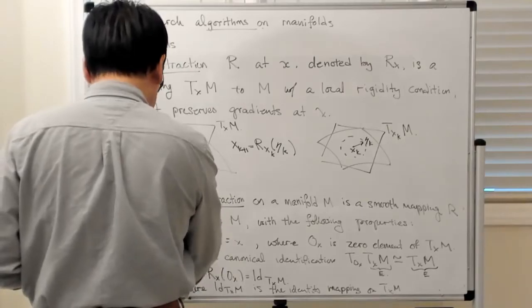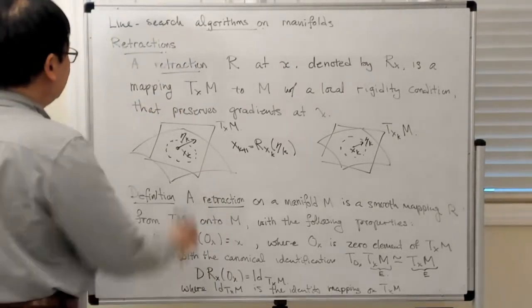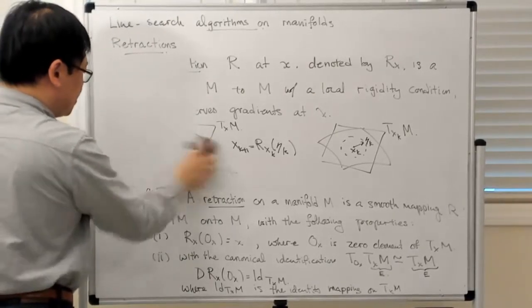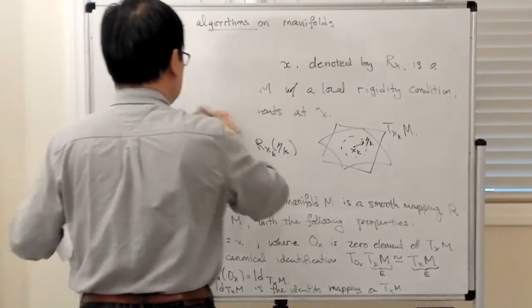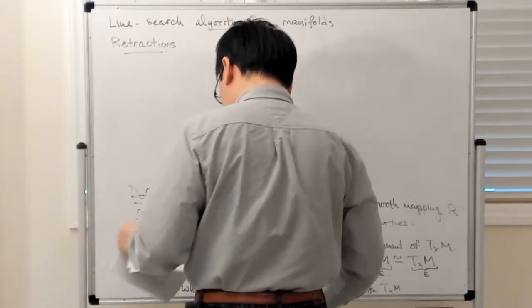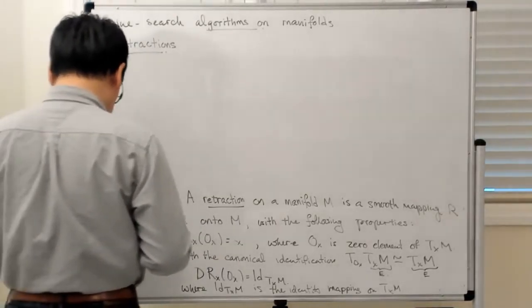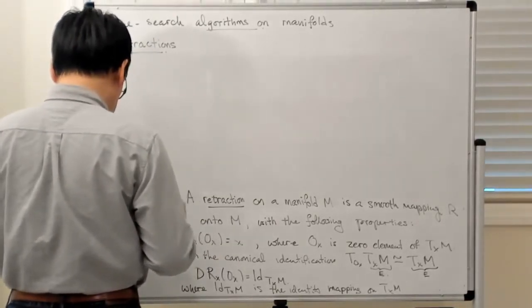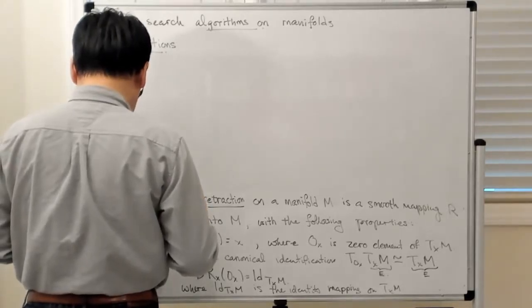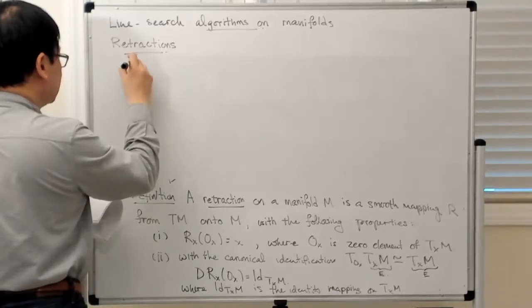So let's look a bit more at this local rigidity condition, the second condition here. Okay, so what do we have, right?